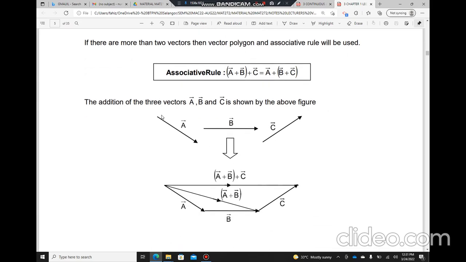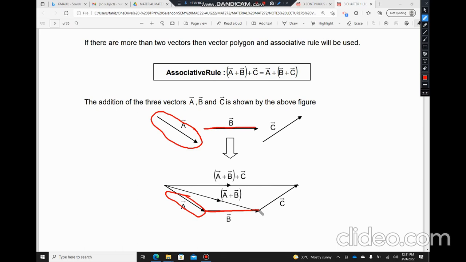Okay, so kita tunjukkan dekat sini. Kalau kita ada ni A, kita ada 3 vektor, B and C. Okay, kita ada 3 vektor here. So bila you nak combine, okay, first, dia sebenarnya bila kita nak letak tu, kita kekalkan arah dan magnitude je untuk vektor. So A, saya pindah kat sini. So dia akan jadi this one A, and then B, since dia straight ya, so kita sambung dekat sini sebab kita nak buat plus.